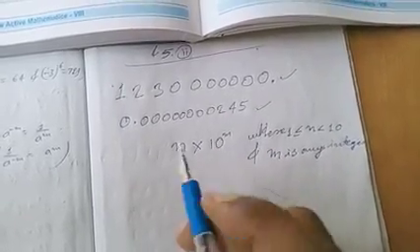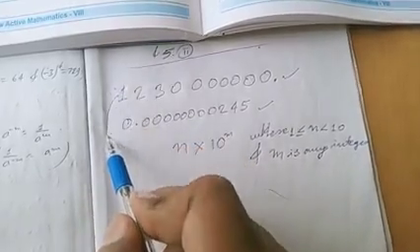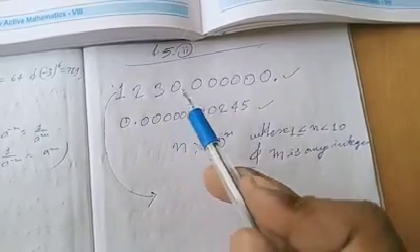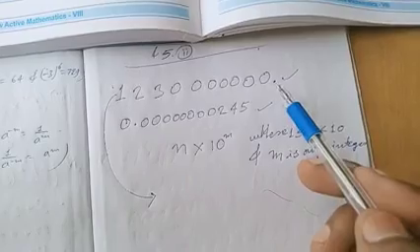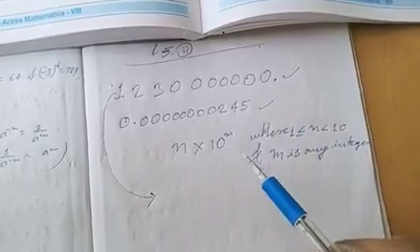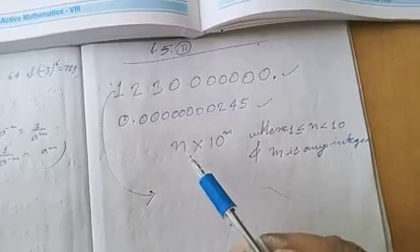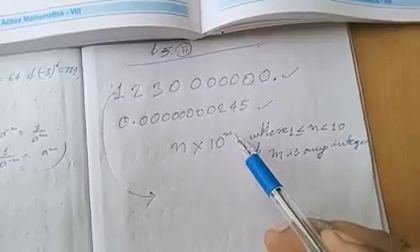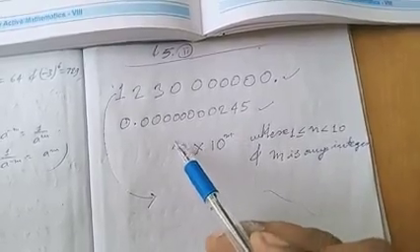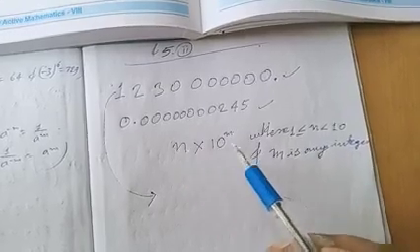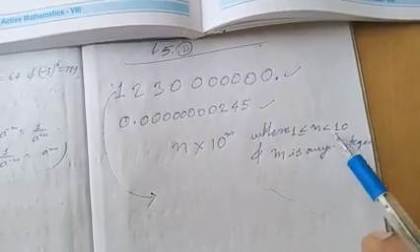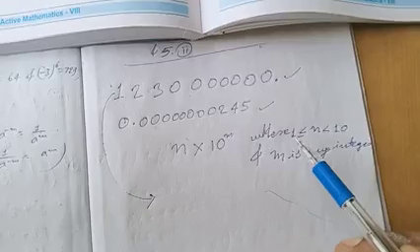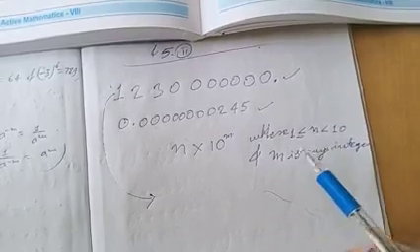Now see, we are going to write this one in the standard form. Since this number is very large and the decimal point is lying here, you will have to write this number in the form of n multiplied by 10 raised to the power m, so that n will be a number between 1 and 10, always less than 10 but greater than or equal to 1.